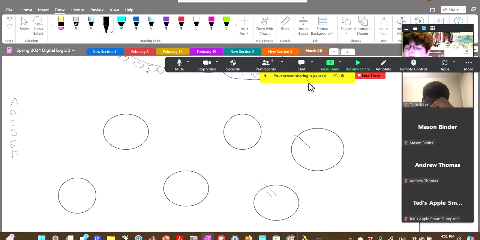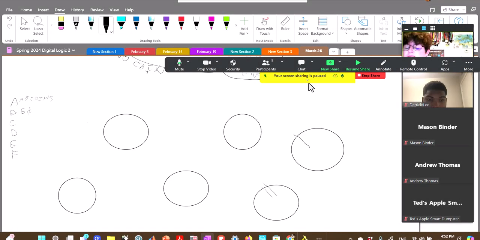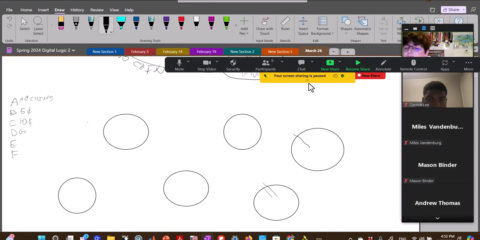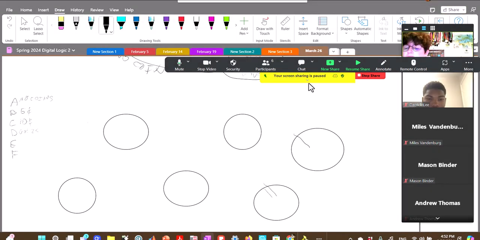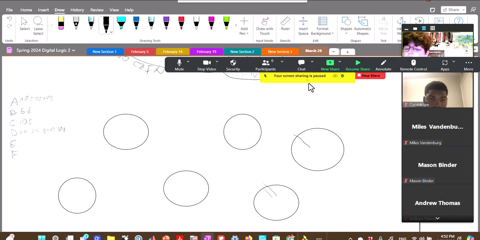So A means you have no coins. B means you're holding 5 cents. C means you're holding 10 cents. D means that you got 25 and gave 10 cents change and water.